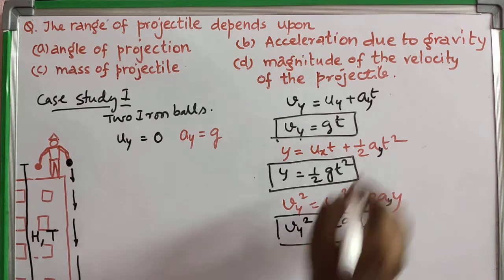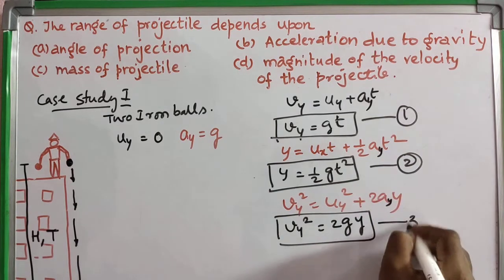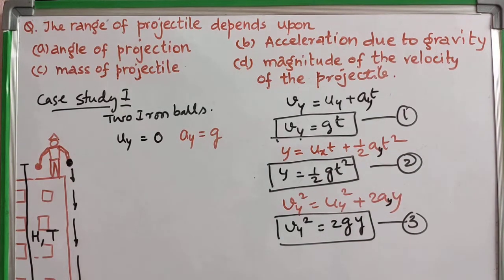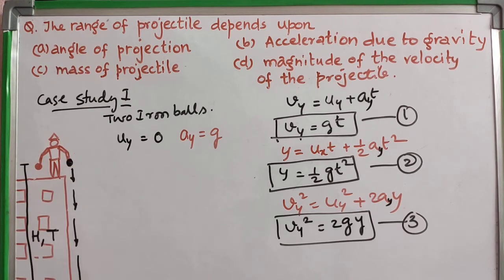So this is the third equation. I am writing the equations of motion for our body which is dropped downward. I have measured time also. Time is capital T to cover the distance h. Clear?